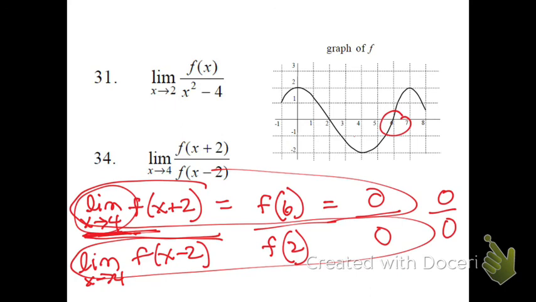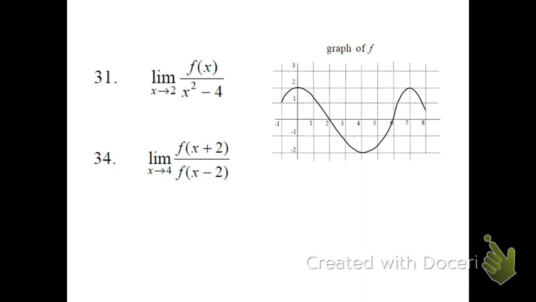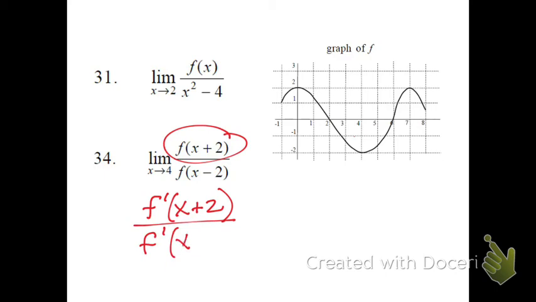Okay, now let's actually find the answer. L'Hopital's rule applies. We get 0 over 0. So now I'm going to do the derivative of the top, f prime of x plus 2, times the derivative of the inside, which is 1, over f prime of x minus 2, and reevaluate my limit. Once you plug in the 4, you don't need the limit symbol anymore.